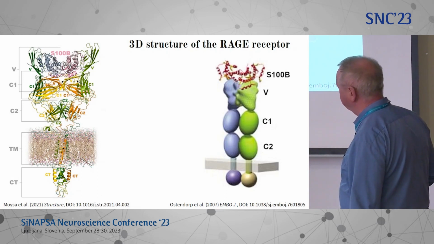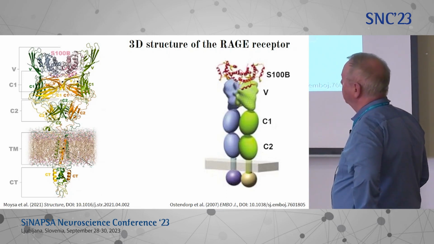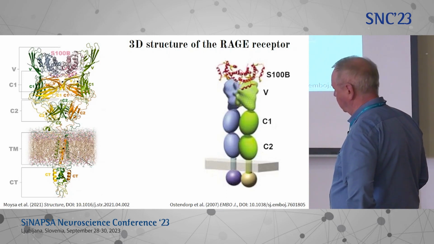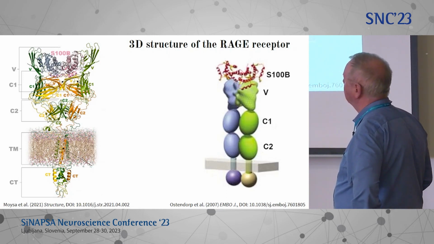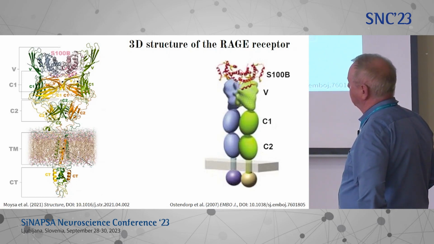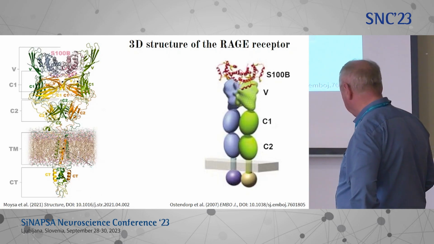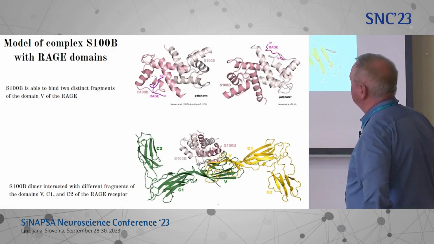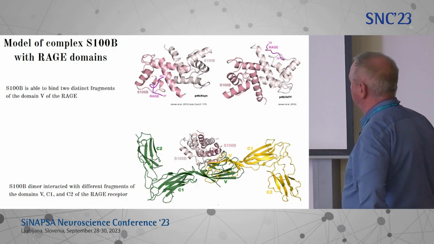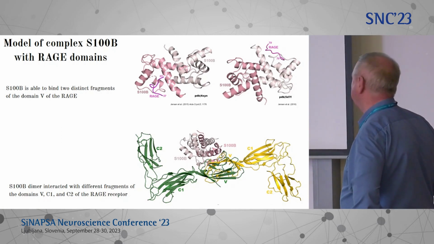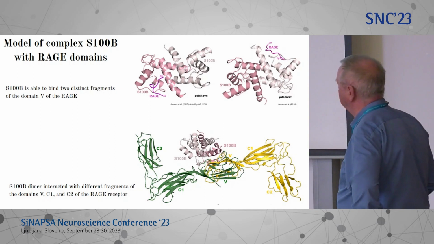This structure was prepared in our institute, in the mass spectrometry lab by Sasha Moisa 3 years ago, and you see that he showed that S100 beta forms a tetrameric structure which interacts with three different domains. Here I show three different views of the structure, based on different available PDB structures.